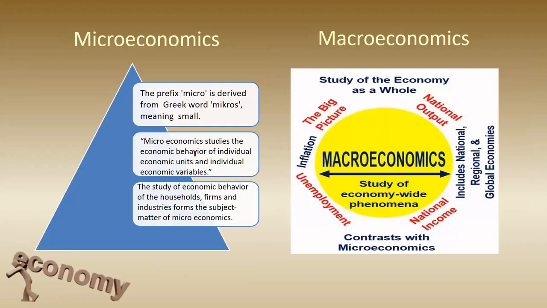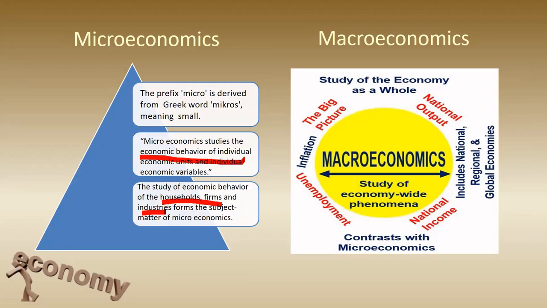Microeconomics studies the economic behavior of individuals, whereas macroeconomics studies the total economy. Microeconomics studies the economic behavior of individual economic units and economic variables. It studies individual units, the study of individual households, firms and industries.